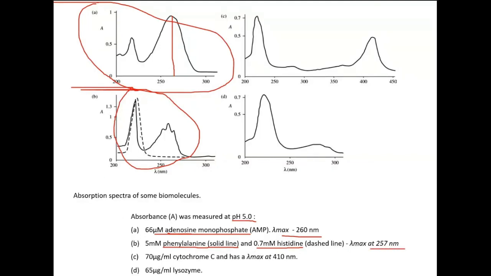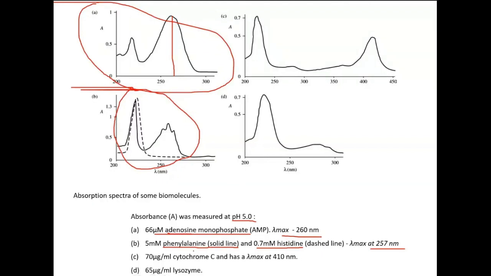So by using a simple UV visible absorption spectrophotometer, you can easily analyze the presence of phenylalanine and histidine, and how much phenylalanine and how much histidine is there. So it can be used for qualitative as well as quantitative analysis of phenylalanine.